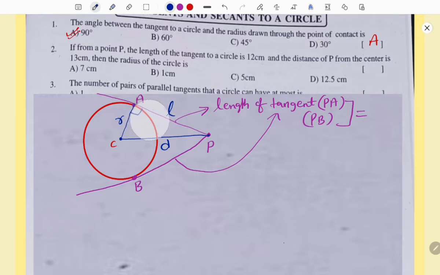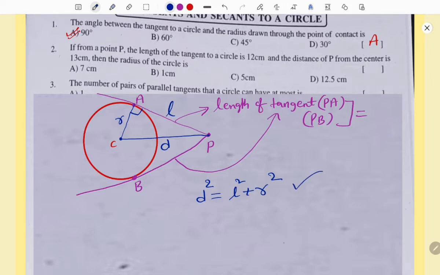Using the Pythagoras theorem, with D as the hypotenuse, we can write D square is equal to L square plus R square. I hope all have understood this one.